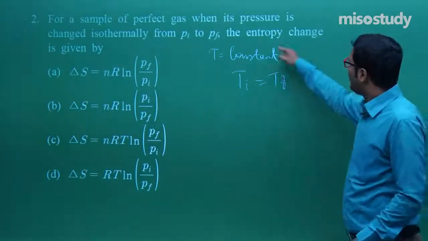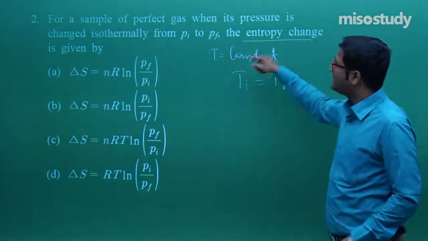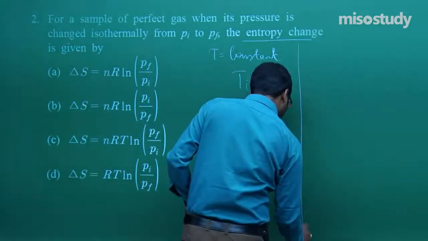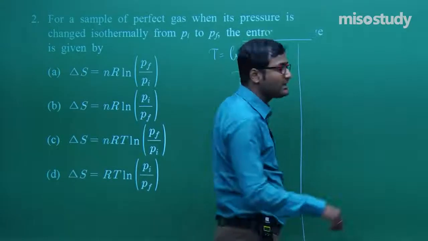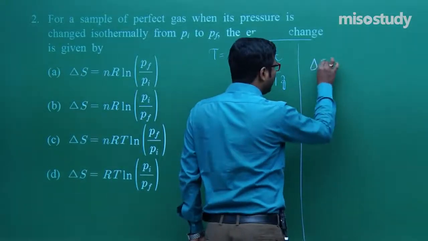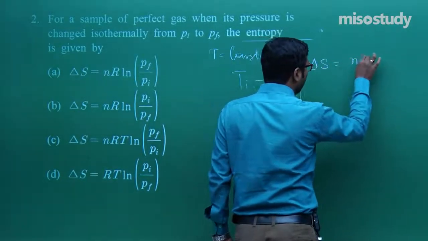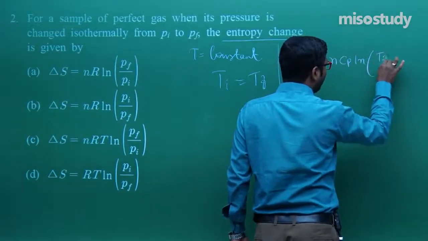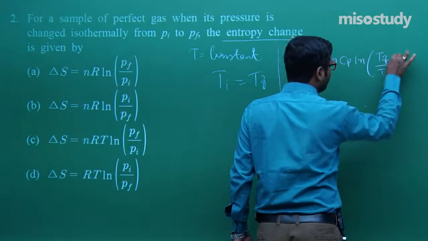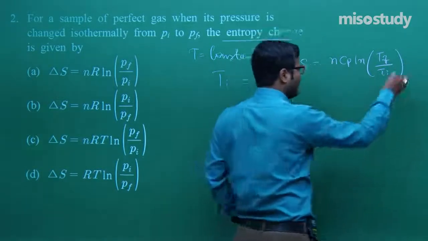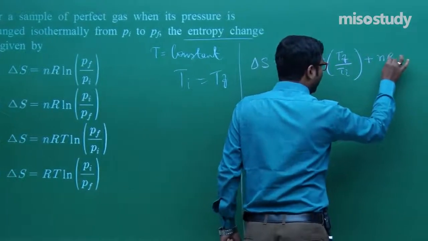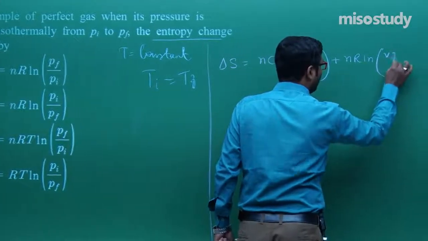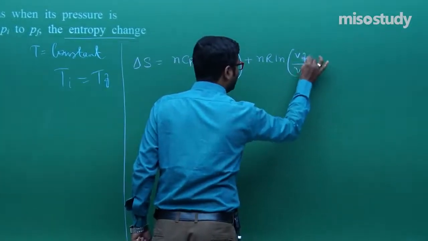Clear? Now the entropy change is given by. Now the question arises, what is the formula of entropy? Do you remember this? As we know, delta S is equal to nCp ln T final upon T initial, remember, plus nR ln V final upon V initial.